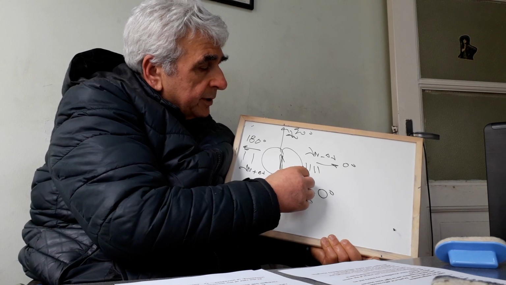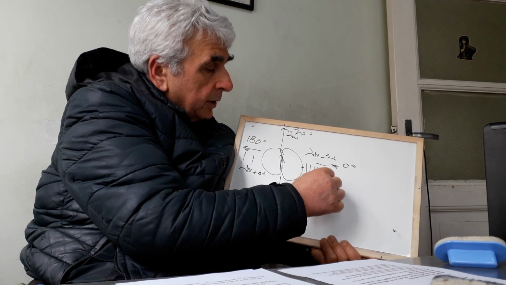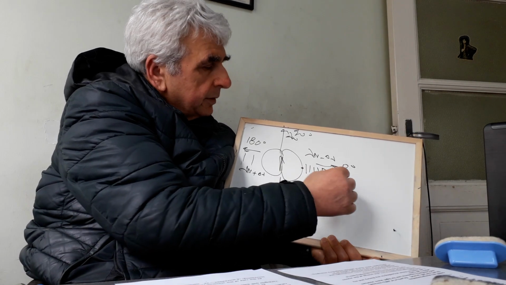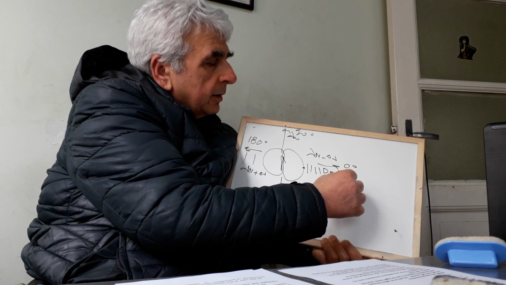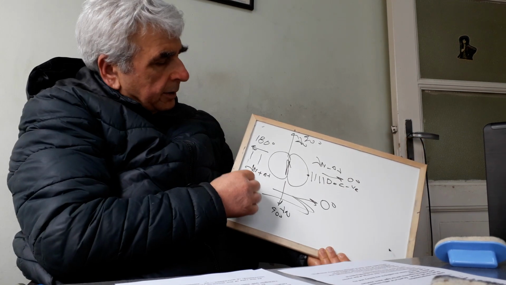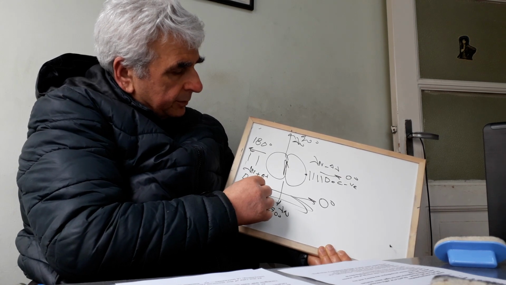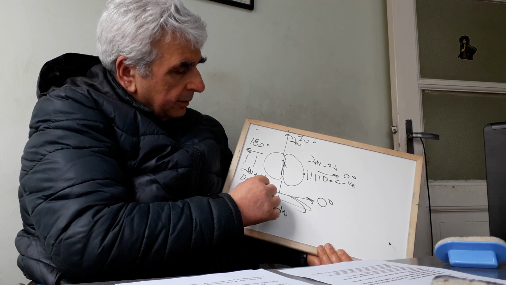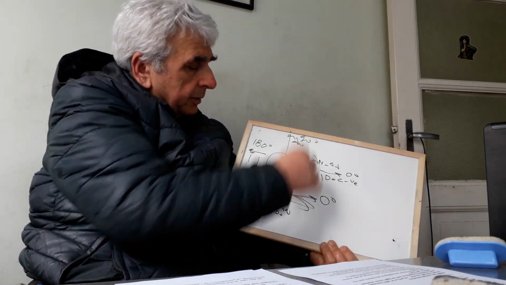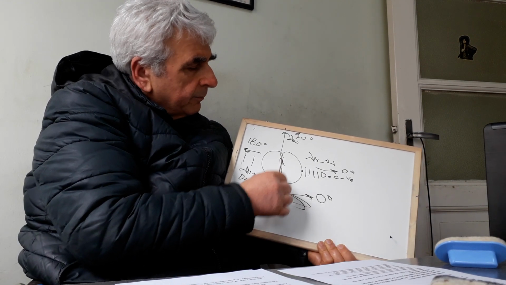And the velocity of the wave at just this point will be c minus v. Here it will be equal to c plus v. And here, at 90 degrees, it will be c.